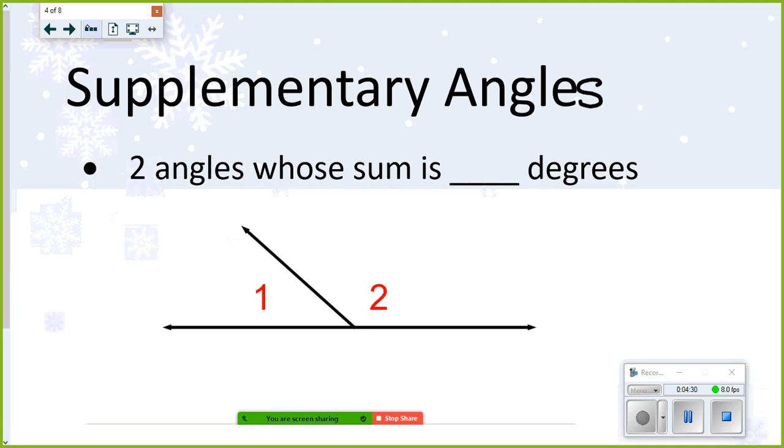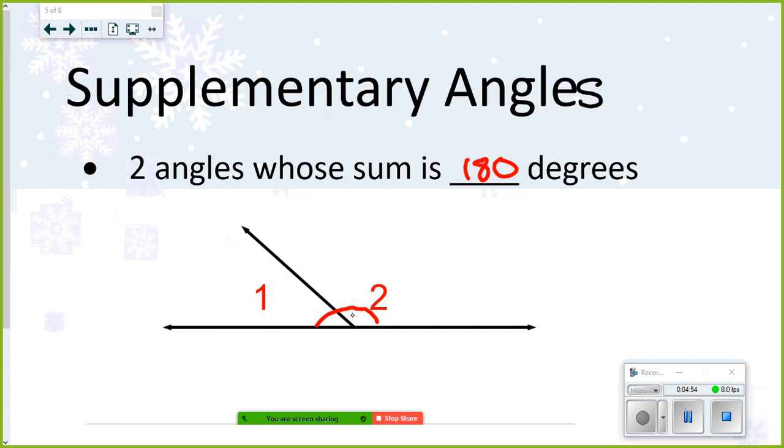The third relationship that we're going to look at is what are called supplementary angles. Supplementary angles are two angles whose sum is 180 degrees. Supplementary angles always come from splitting a straight line. From here to here is 180 degrees.